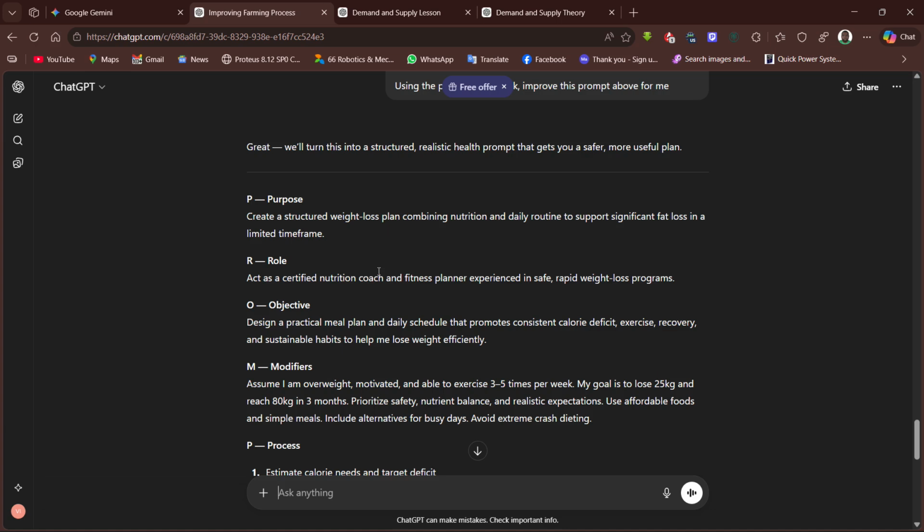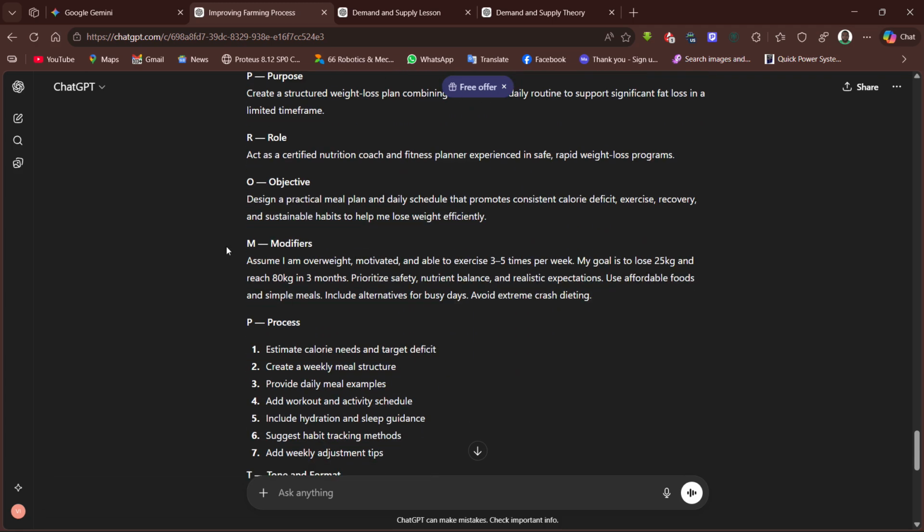Objectives: design a practical meal plan and daily schedule that promotes consistent calorie deficit, exercise, recovery, and sustainable habits to help me lose weight efficiently. Modifiers: assume I am overweight, motivated, and able to exercise 3 to 5 times per week.